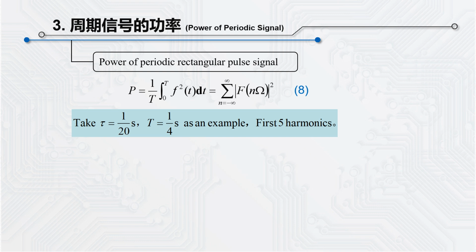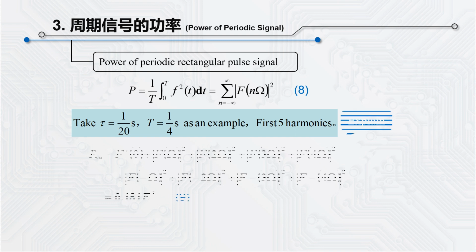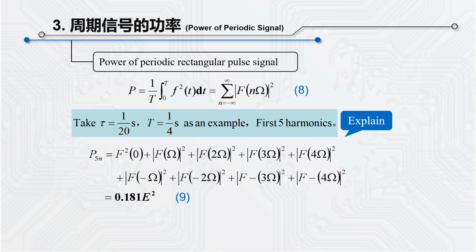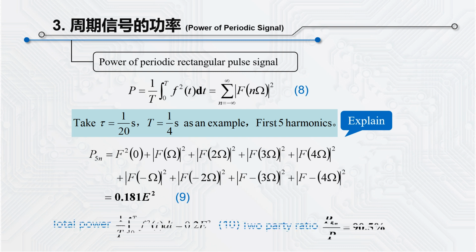Let's look at an example. According to the periodic rectangular pulse signal, tau is 1/20 second, and the period T is 1/4 second. When we take its first 5 harmonics to calculate their average power, the result is 0.181 times the square of E. If we calculate according to its power in the time domain, we find that the total power is equal to 0.2 times the square of E. The ratio of the first 5 harmonics over the total power is 90.5%.